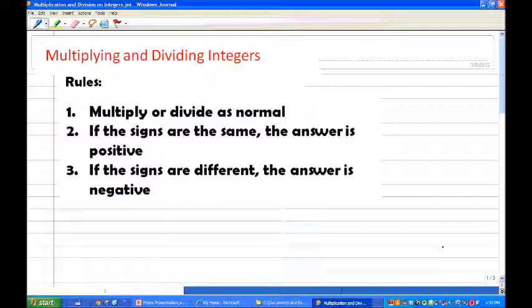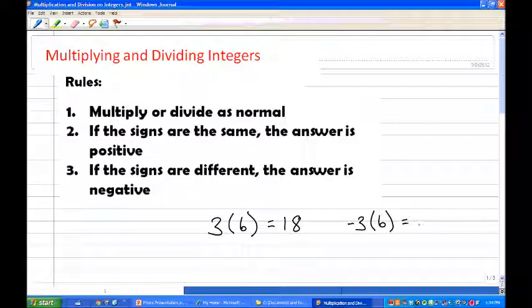So, for example, if I took something like this, 3, and I did, remember parentheses means multiplication, 3 times 6, you know that's 18. It's a positive 18 because both the 3 and the 6 are positive. So, if I did this, negative 3 times a positive 6, this is equal to a negative 18 because the signs are different.